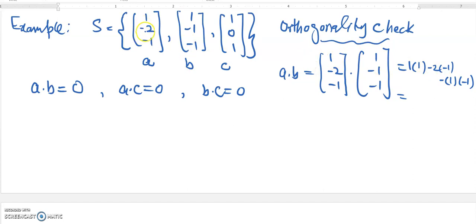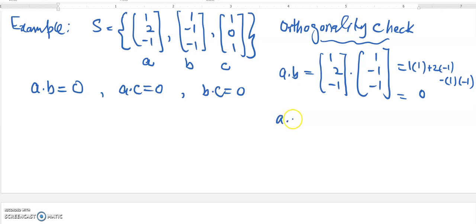I made a mistake over here. It is 1, 2, minus 1. So 1 plus 2 minus 1... so it was 2. So 1 minus 2 minus 1 minus 1 plus 1, that is 0. So A dot B is 0.